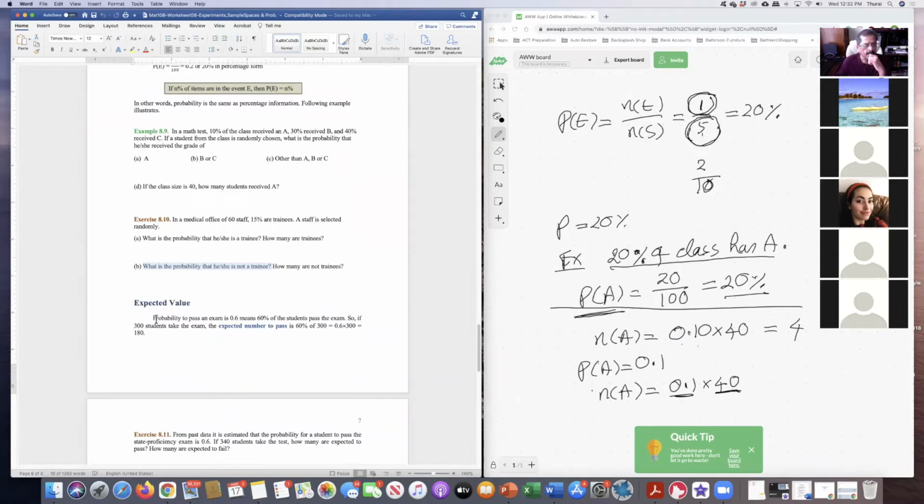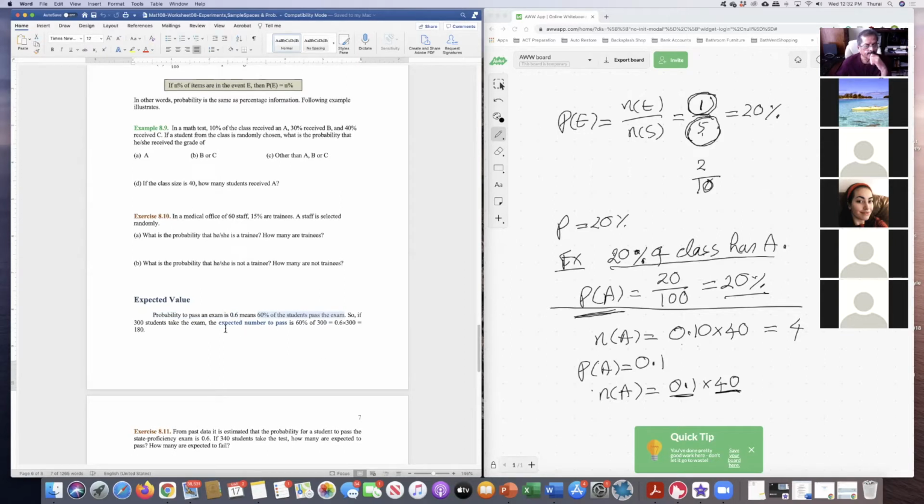Basically, if they give you a probability in a problem, 0.6, that's the same as saying 60%. So the probability to pass an exam is 0.6, which means 60% of the students will pass the exam. So if 300 students took the exam, how many will pass? 60% of 300.